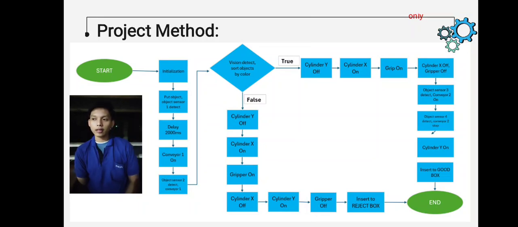If sensor 3 detects the object, conveyor 2 will be on and make the object go to sensor 4, and then sensor 4 detects the object, so the conveyor will be stopped and the object will go to the good box.